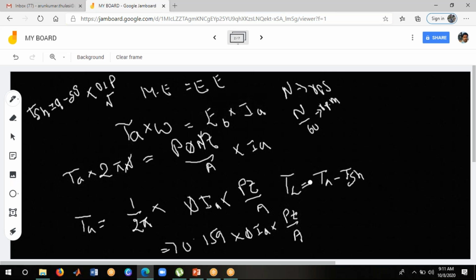Now are you clear about the equations, right? Now we are going to solve problems on the torque equation. Okay? See, all of you take paper and a calculator, then only you can understand the problem.